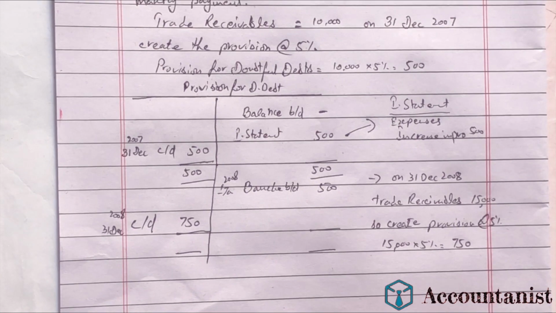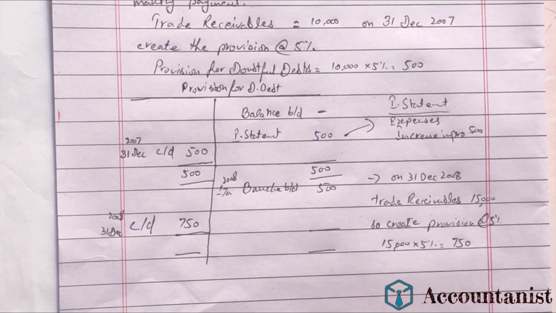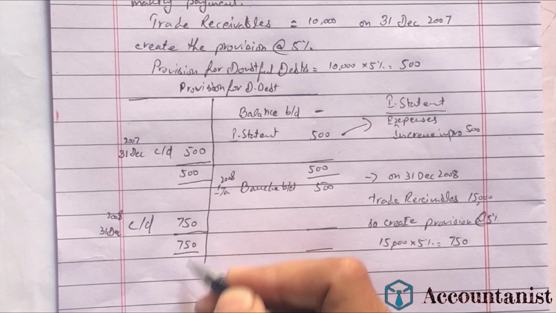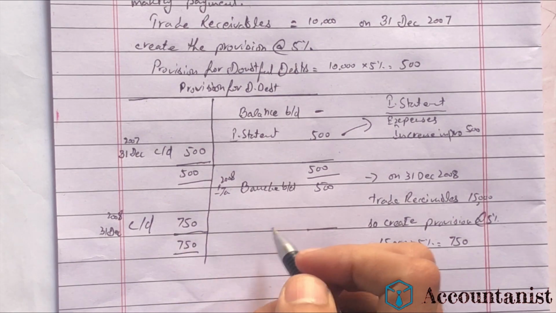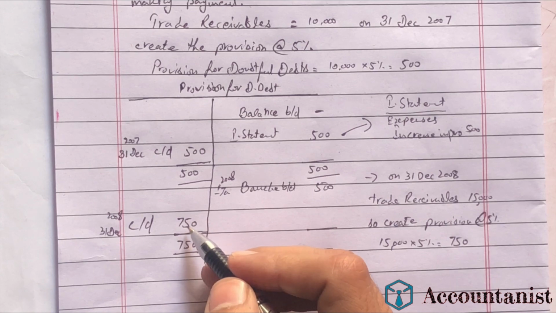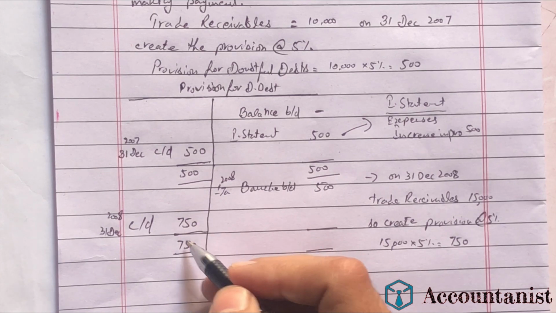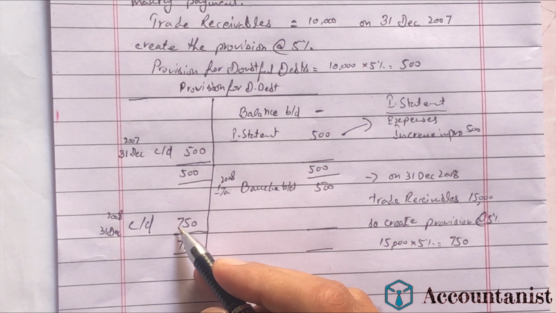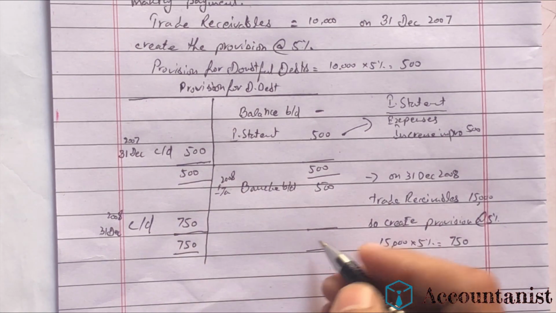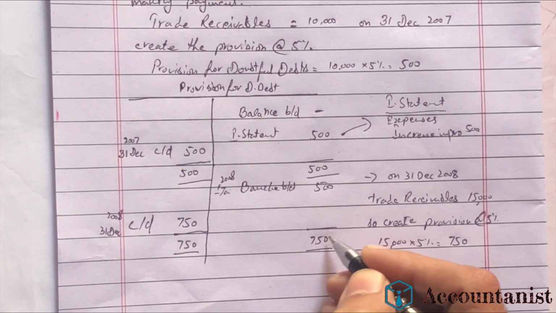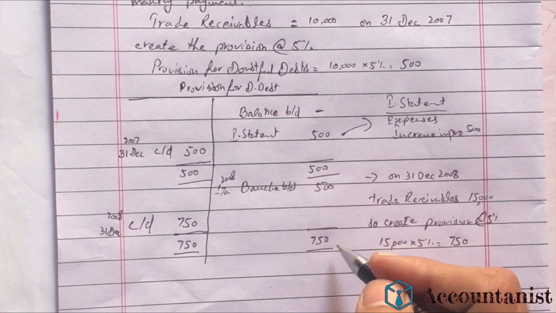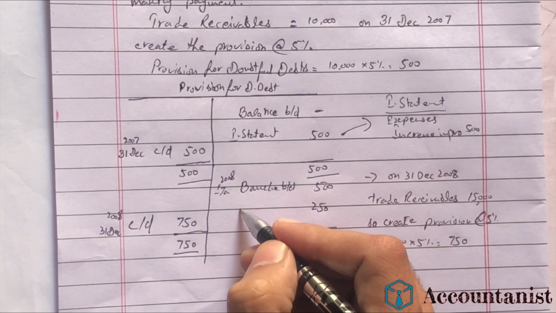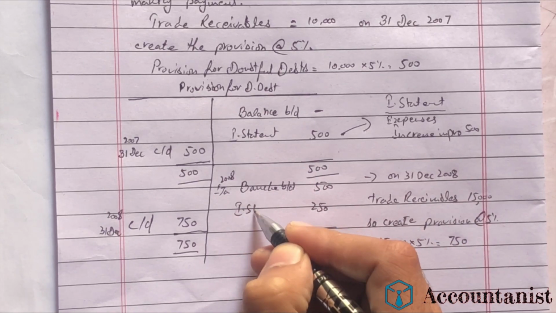Now we are going to balance it off again. This side has a bigger value, so 750 will come up here. Always remember, when balancing off, we always add the balance carried down already. So we add this up, transfer this to the other side, and deduct this 500 to get the balance of 250. That again goes to the income statement.